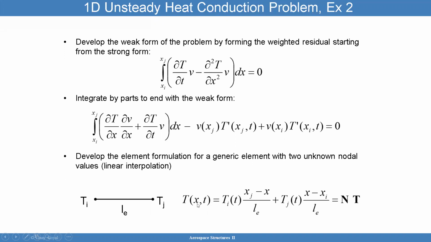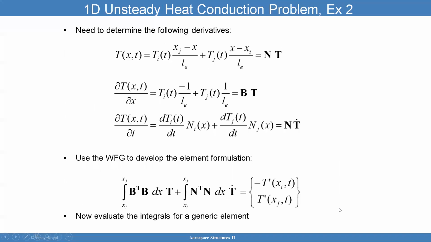If I put x equals xj, this goes away, this becomes 1, and so I recover this temperature becomes TJ, which is that point. And anywhere in between, x can be anywhere between xi and xj, and the temperature in between is going to be a combination of something here plus something here. I'll put this into T and these interpolation functions into N, these polynomial approximations.